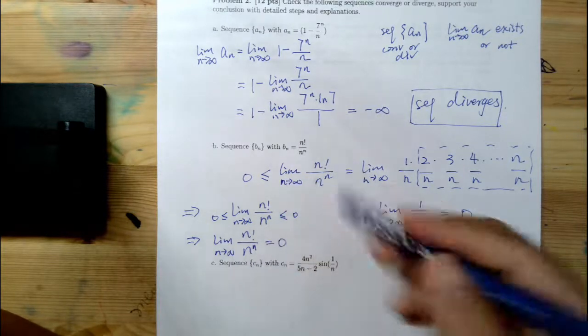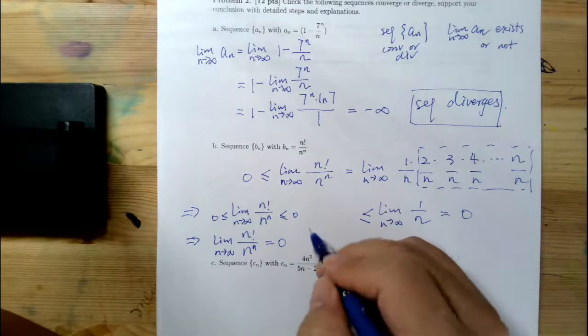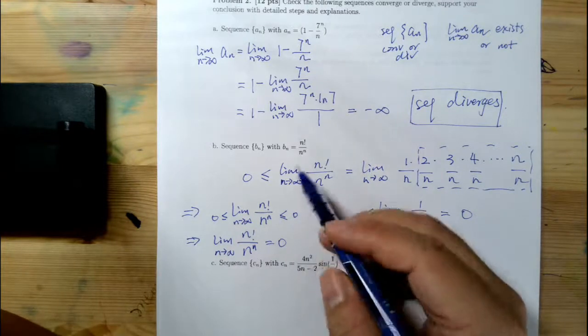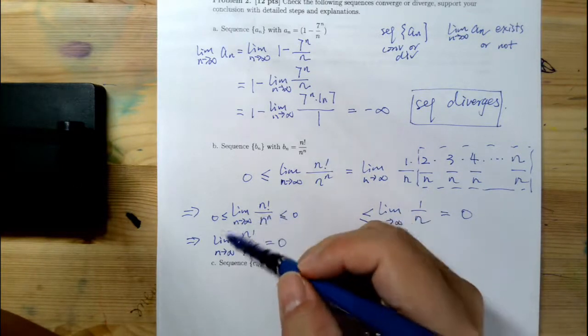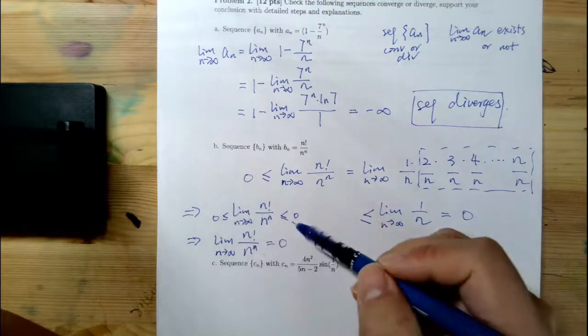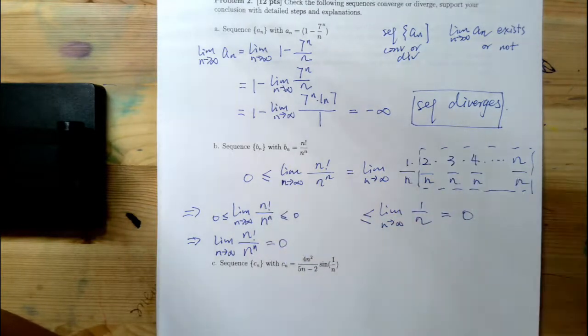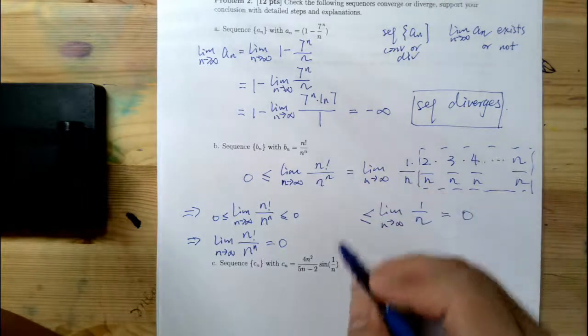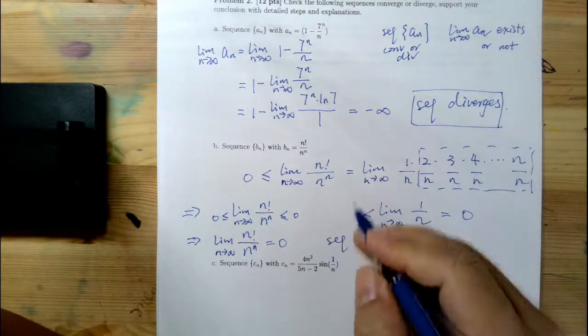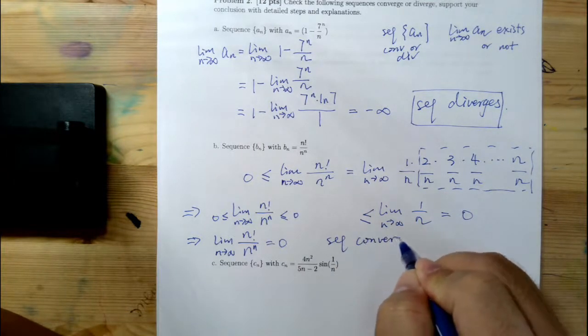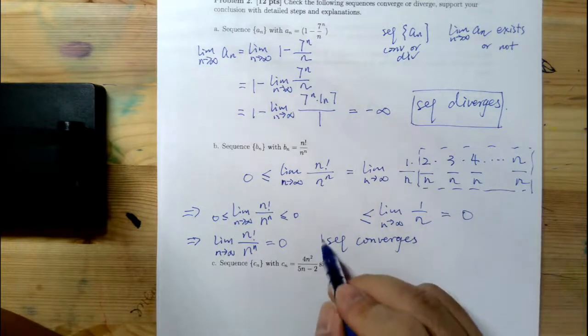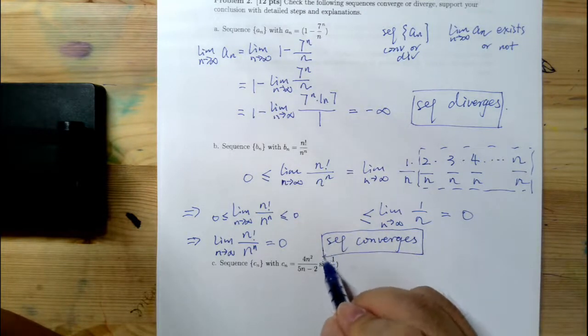Remember, if a limit is greater than or equal to a number and less than or equal to the same number, then that limit must be that number. So my sequence converges, not only converges, but converges to 0. That's part B.